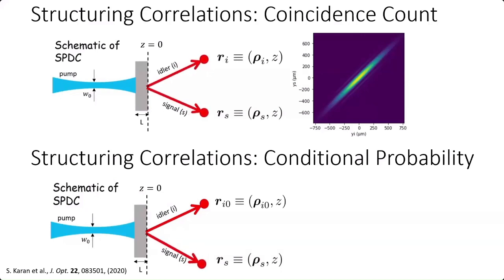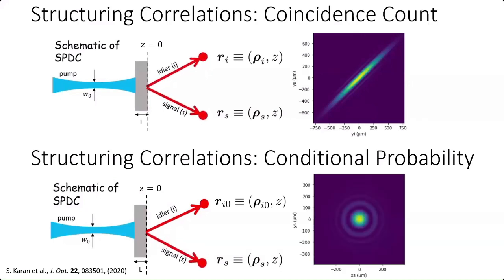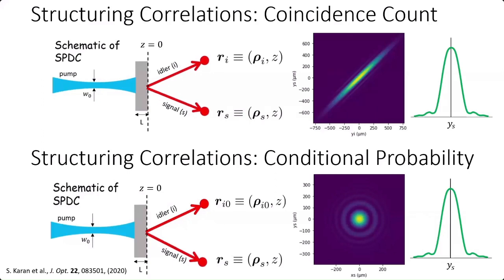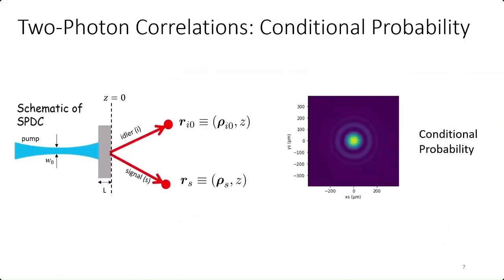So this is the conditional probability distribution, and this is how it looks when we are close to the crystal. If we look at the 1D cuts, we see that both these quantities carry essentially the same information, and they are just slightly different ways of looking at correlations. So now that we know what correlations are, we will see how we can actually structure these correlations.